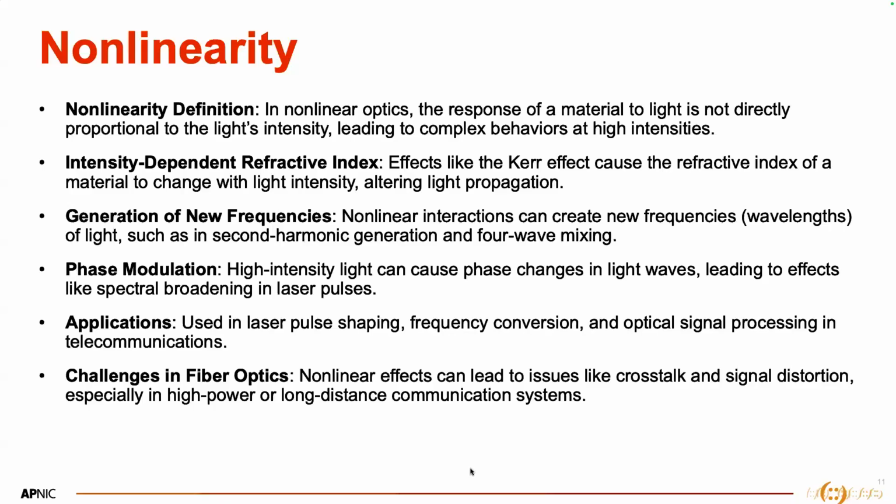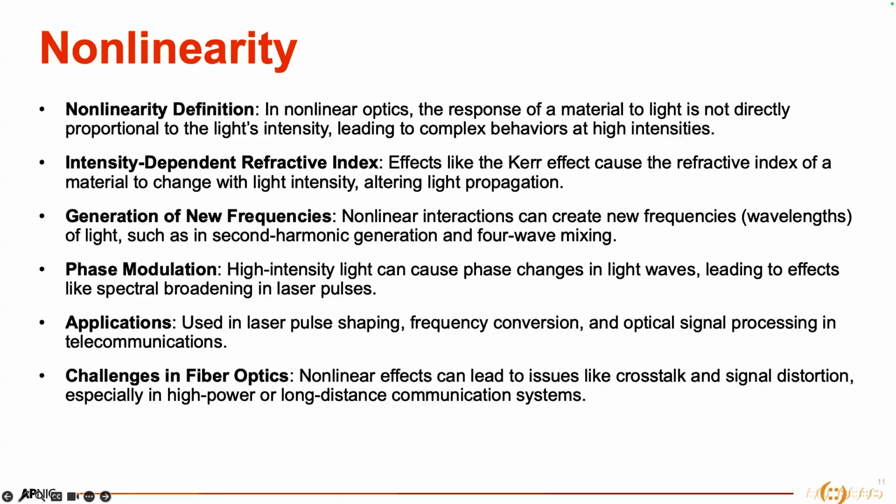Different kinds of effects can be generated because of this non-linearity. There can be self-phase modulation because of the intensity of the light at the receiving end. It can change its phase. The phase of the source which was actually transmitted and the phase of the received light will be different because of the intensity of the light and its effect in the media while it was traversing through the media.